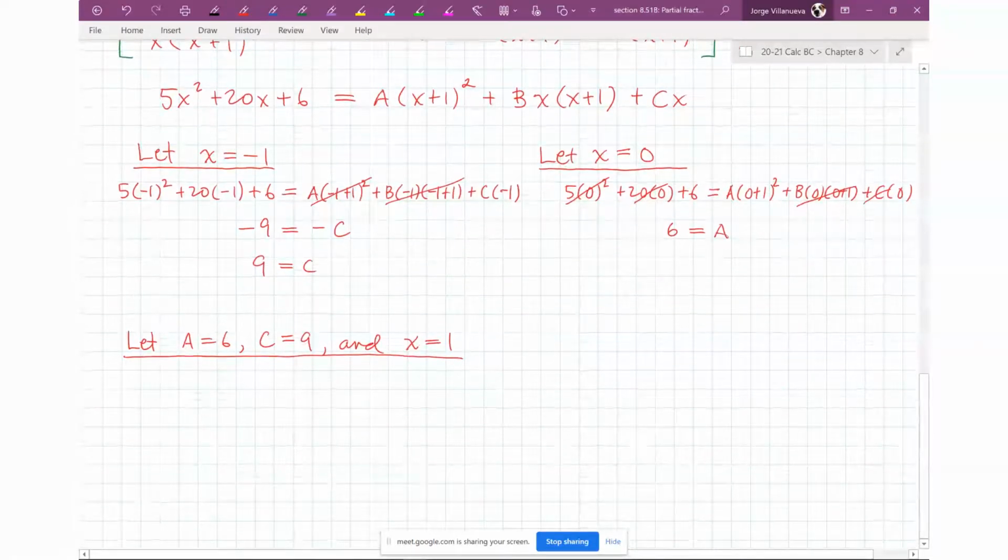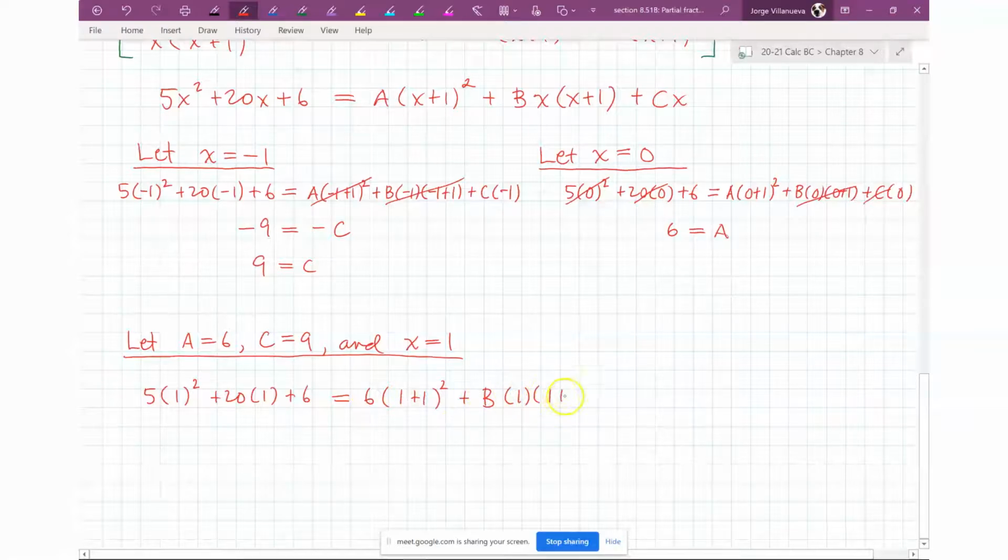So if a is equal to 6, and c equals 9, and x equals 1, I'm going to write 5 times 1 squared plus 20 times 1 plus 6 equals a, which is 6 times 1 plus 1 squared, plus b, which I don't know. X is 1, so times 1, 1 plus 1, plus c, which is 9 times 1. I know it looks kind of messy. I'm just plugging stuff in.